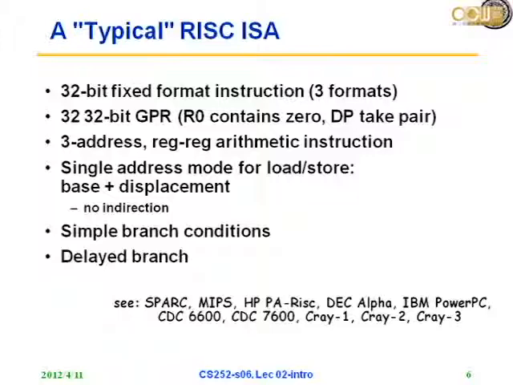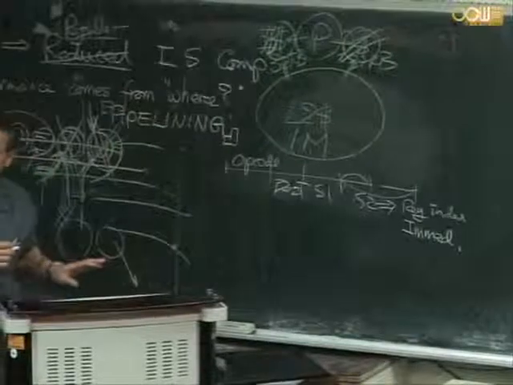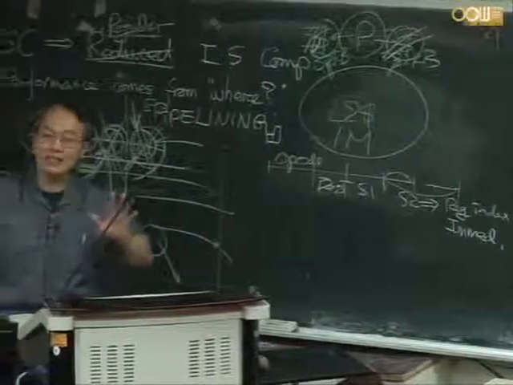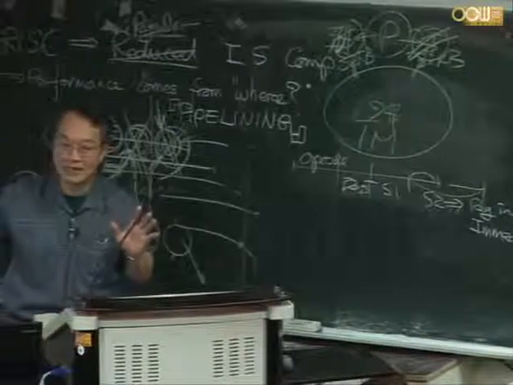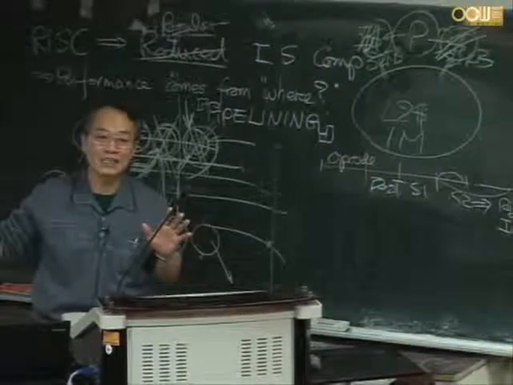Because going out of the processor is treated as an exception. We don't like to have those things happen, right? What's the risk of going out of the processor? The caches may miss, which incur long latency. Okay, we don't like that. So we try to avoid that as much as we can.